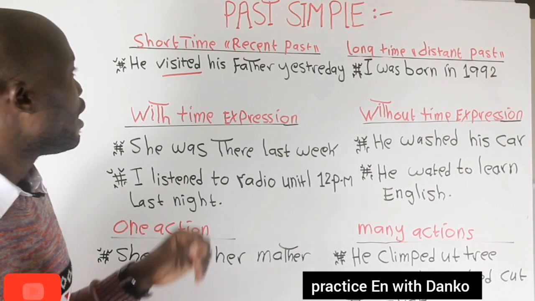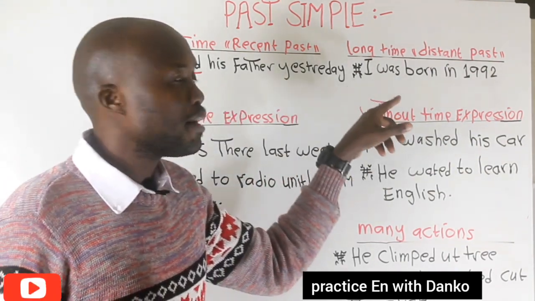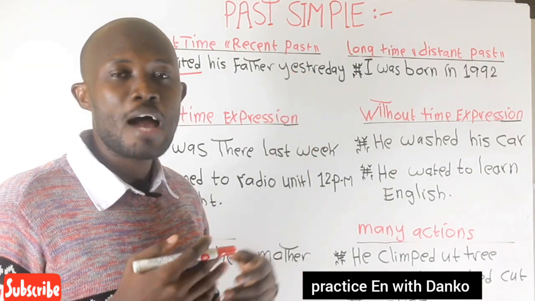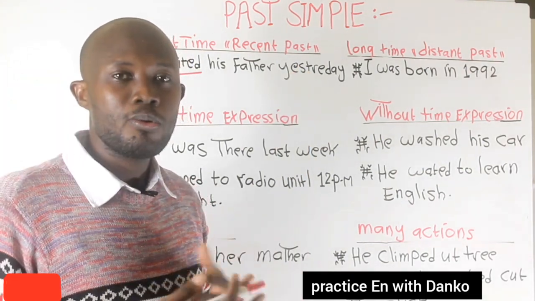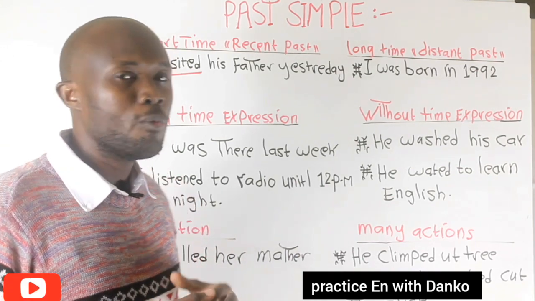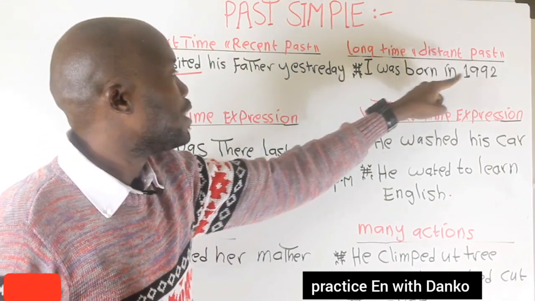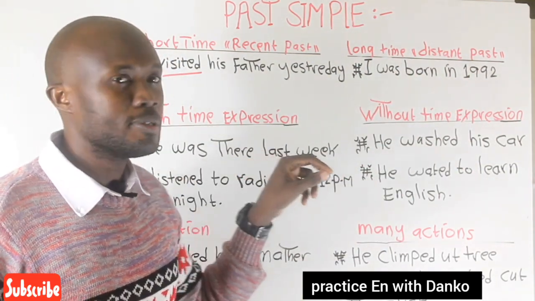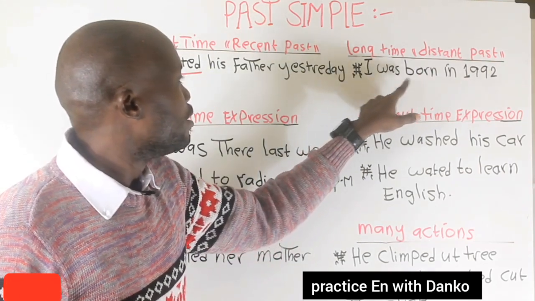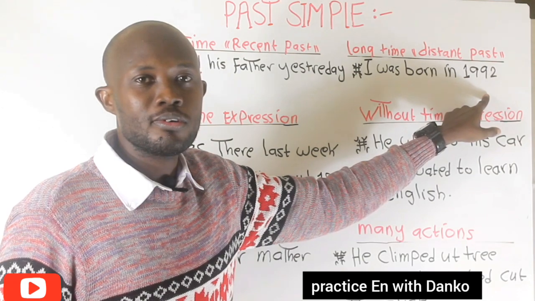What about the long time? Our distant past. Something that happened a long time ago. How are we going to put it? Long time or distant past, so for example: I was born in 1992.